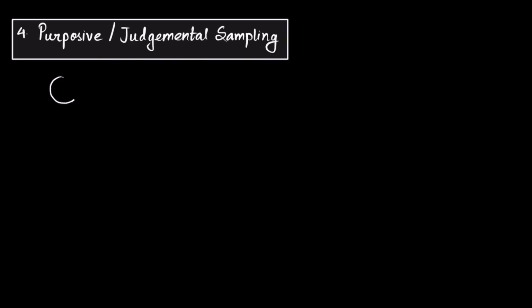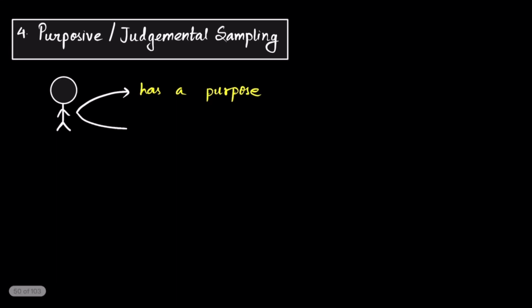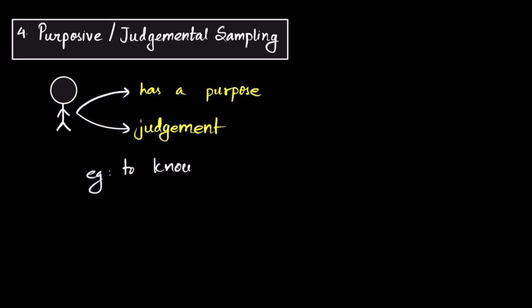In purposive or judgmental sampling, the researcher carrying out the research has a purpose. In order to fulfill the purpose, the researcher selects participants for the sample by using his own judgment. So the researcher passes judgment to select the participants that are required. For example, let's say the researcher wants to know about tires.